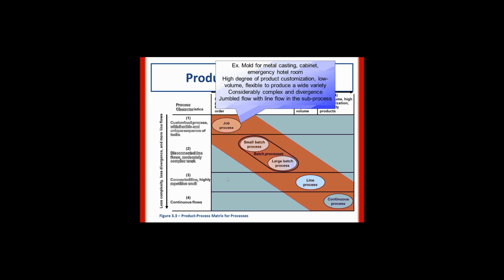For example, can be a company that produce mold for metal casting, produce a customized cabinet, or an emergency hotel room that haven't vary.